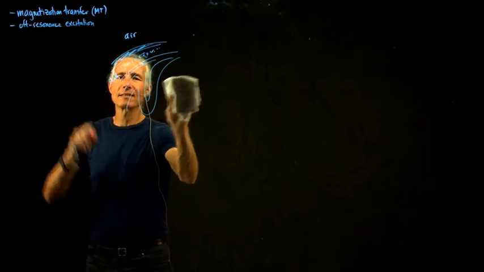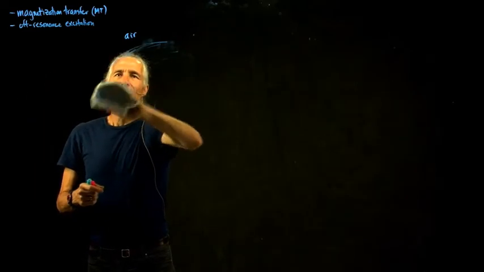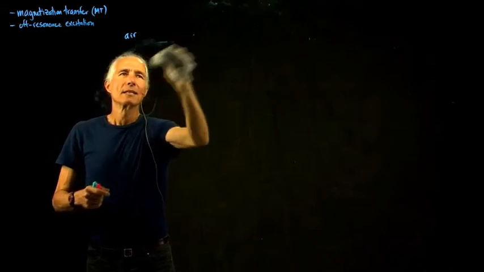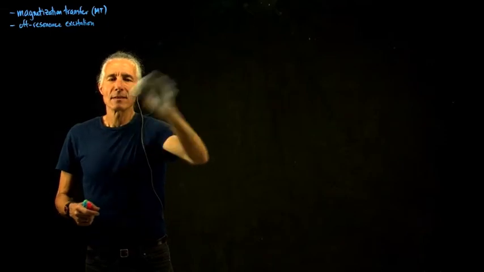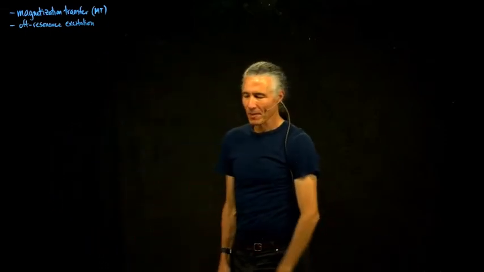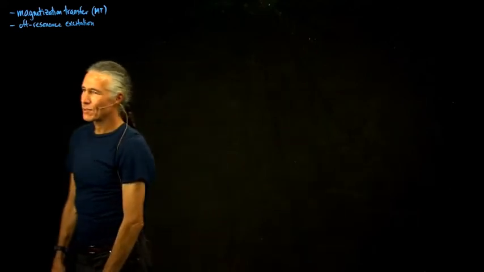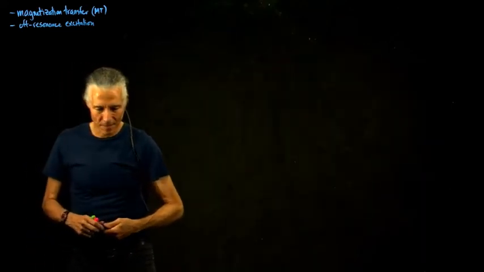So what is magnetization transfer about? It's partly about considering the effects of protons that are decaying away. Their transverse magnetization is decaying away so rapidly that you can't record it, but it turns out it's having an effect, the magnetization transfer effect.